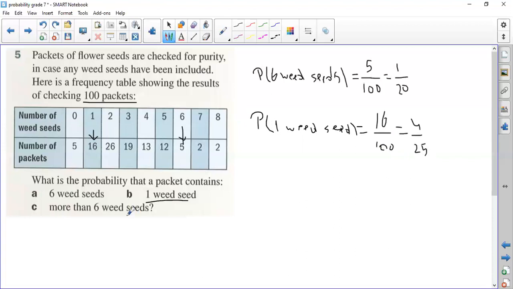More than 6 wheat seeds. More than 6, I mean 6 is not included, it is more than 6. So it can be 7 or 8. For 7 we have 2 packets, and for 8 we have 2.